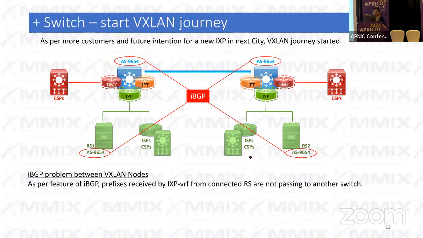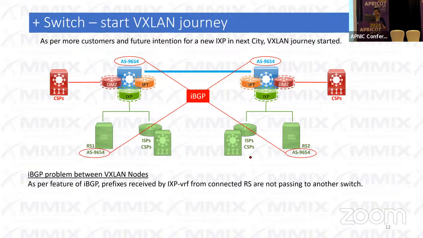VXLAN. At the time, we were using the same AS number 9654 for all devices, including the route server and also the infrastructure switches, the VXLAN internet switches, the same AS number. So we have to use the iBGP feature. We set up iBGP.